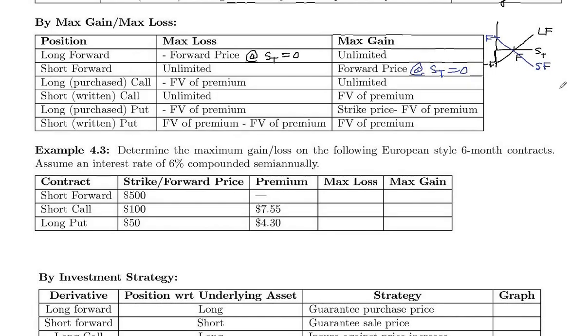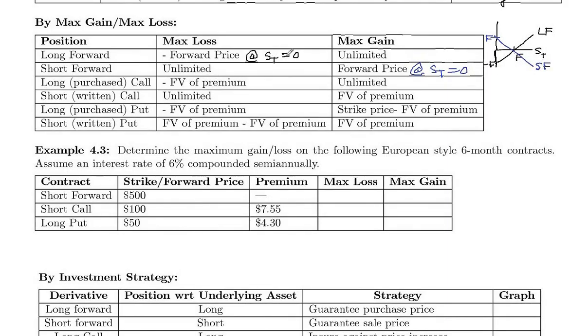In other words, you've got a $200 stock and you're forced to sell it for $100. So you're taking a loss of $100 by being forced to sell that for the forward price. If the market price went up to $300, then you got a $200 loss. 300 minus 100. If the market price goes up to $400, you got a $300 loss. 400 minus 100. And it can keep going.